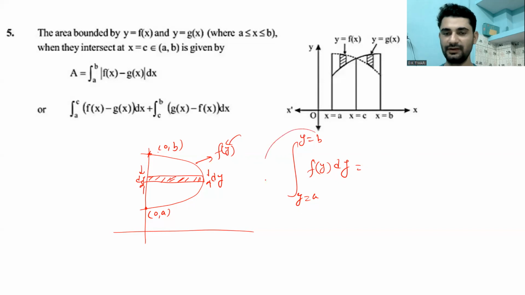With this concept, we can easily calculate area. Either you take the strip on the x-axis or on the y-axis; it basically depends on the question, or sometimes on your choice.